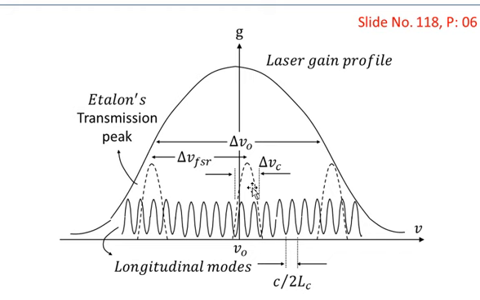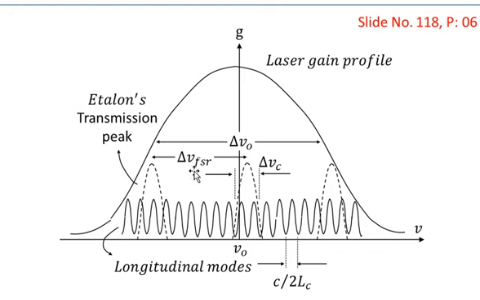If they are well separated from each other, then of course they will contribute to the oscillation of the laser beam along the resonator axis, and these three longitudinal modes, as allowed by the transmission peaks of the Etalon, will pass out in the output beam of the laser.